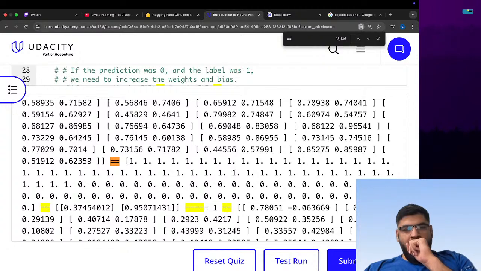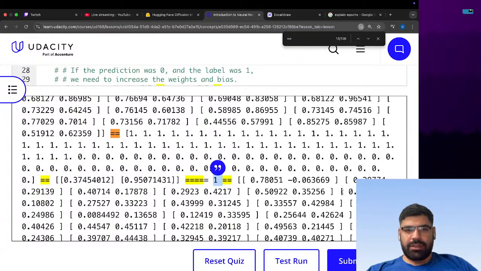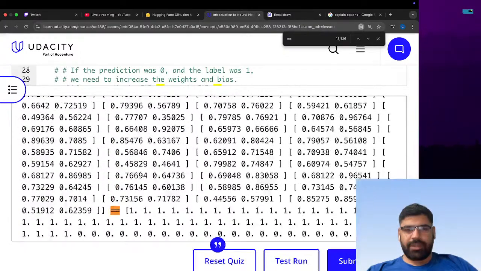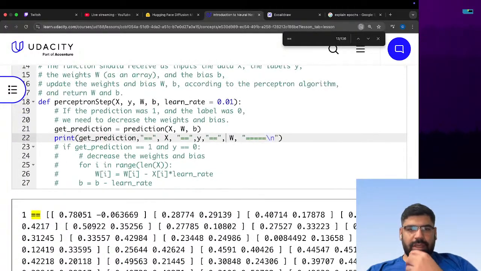Oh boy. X, Y, W. And this is again X. Get prediction, basically the prediction. X is an array, Y is an array, and W. Okay.